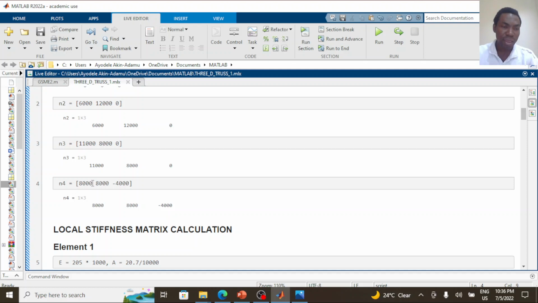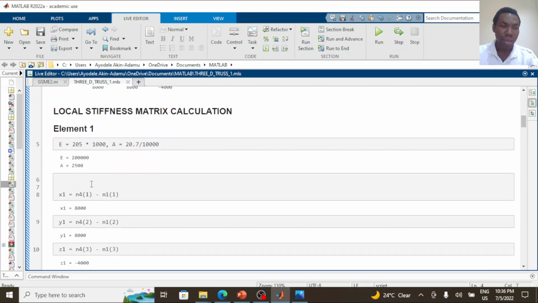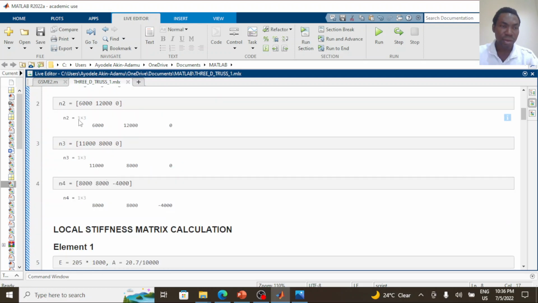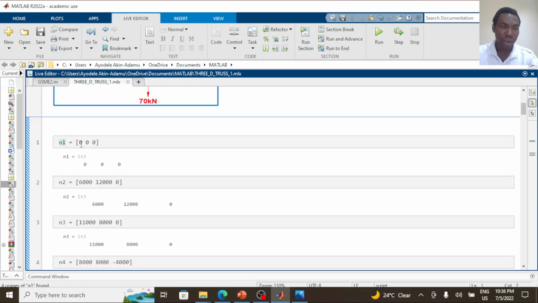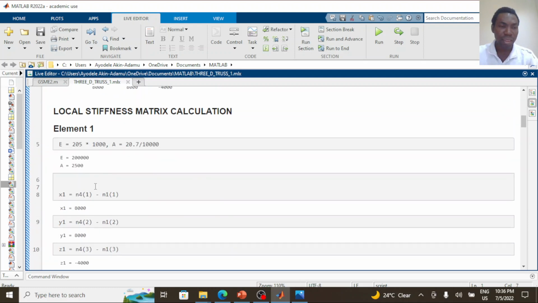So n4 1 is this 8,000. n1 1 is the first component in the matrix, 0. So it is 8,000 minus 0. So that's why we have 8,000 here.